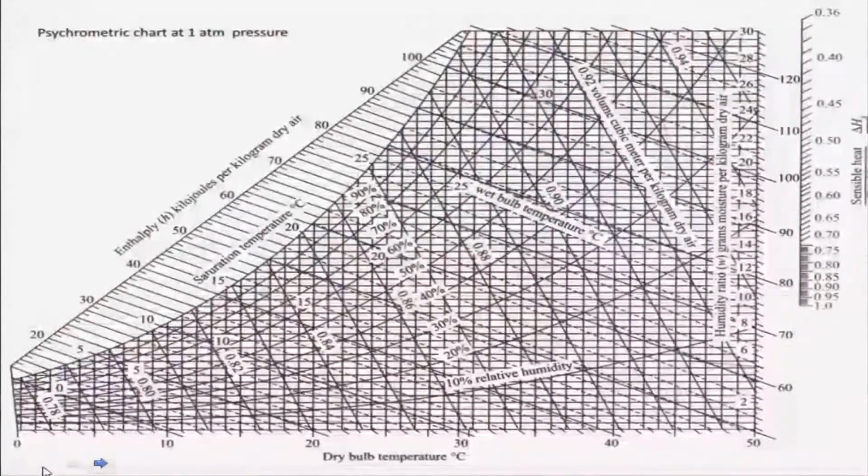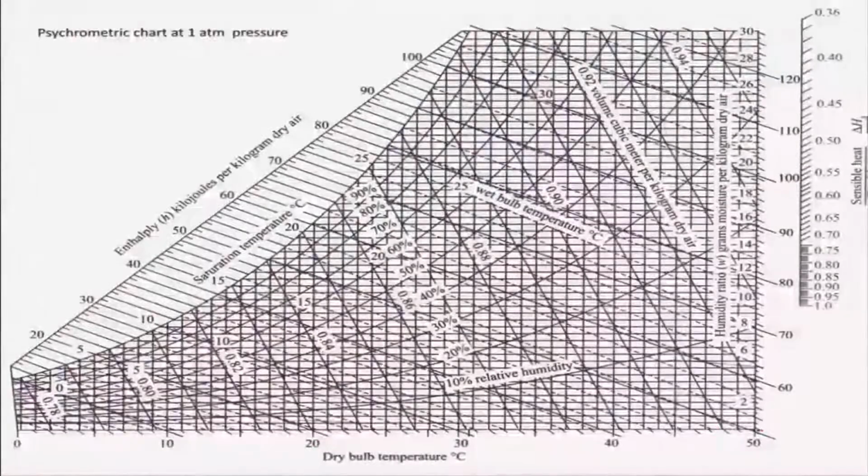Now, the dry bulb temperature is on the horizontal line, at points like 0 degree Celsius, 10 degrees Celsius, 20 degrees, like that.